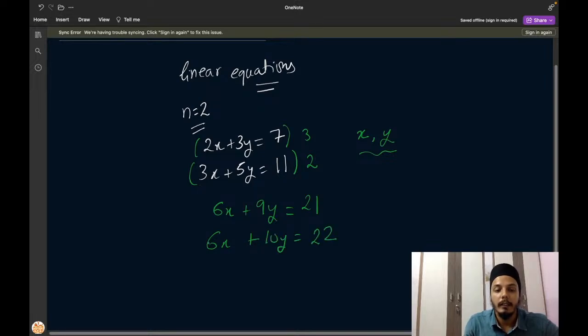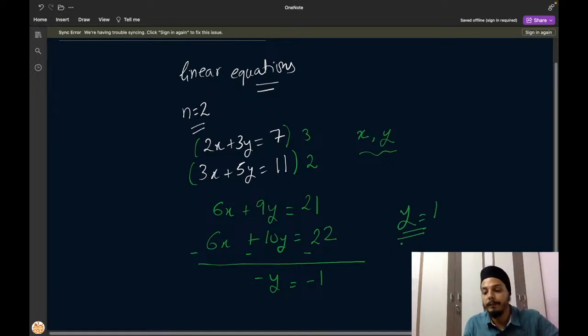Now you see here that the coefficient of the variable x is the same. Now we can subtract these two equations. So this will be minus y equals minus 1. So the value that we get is y equals 1. Now we got our value for y.